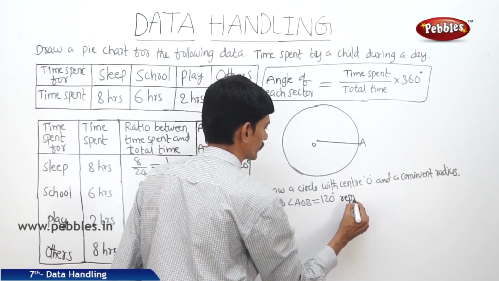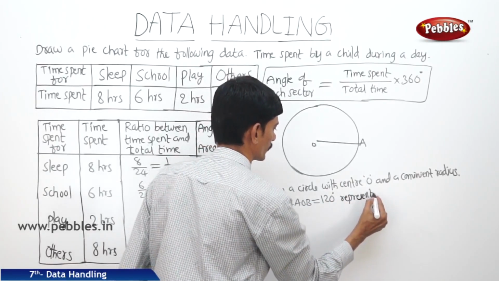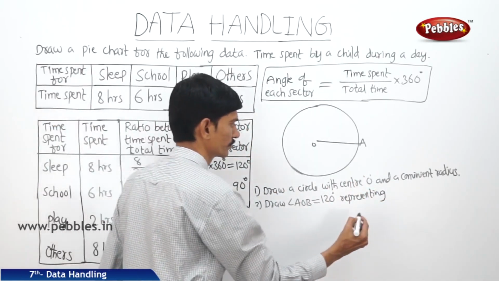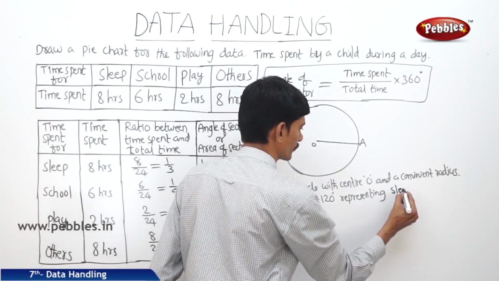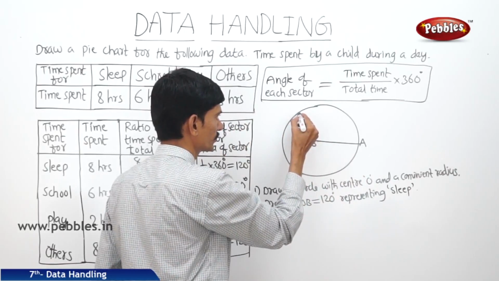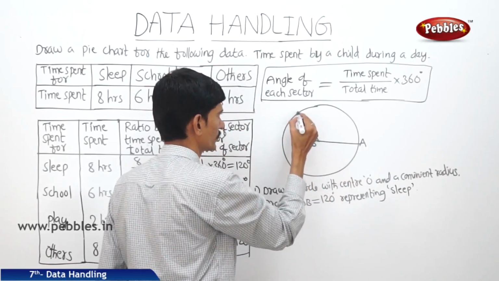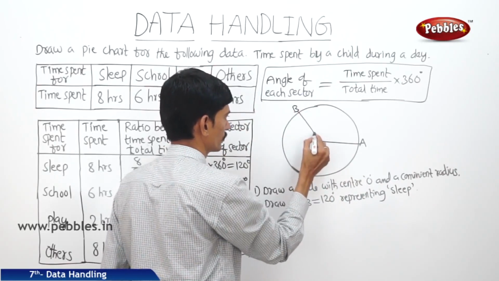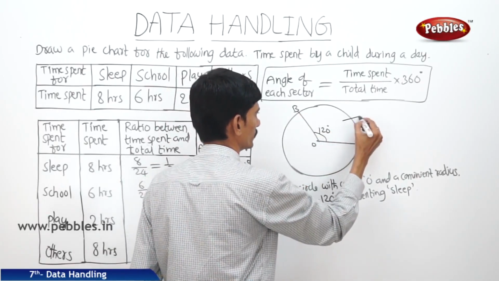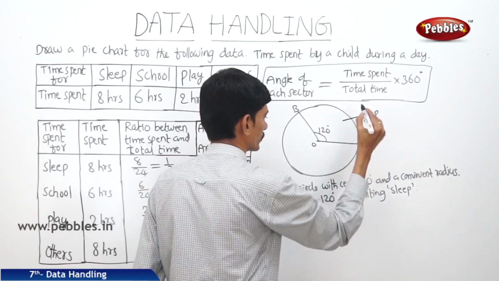representing the first one, sleep, so 120 degrees. So this represents sleep.